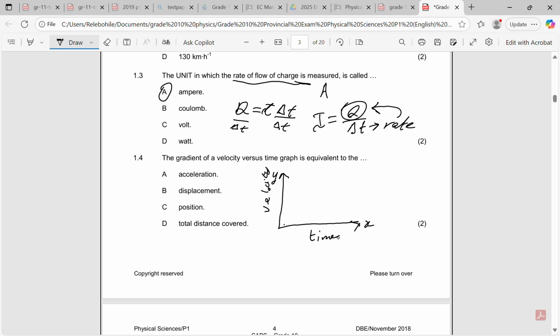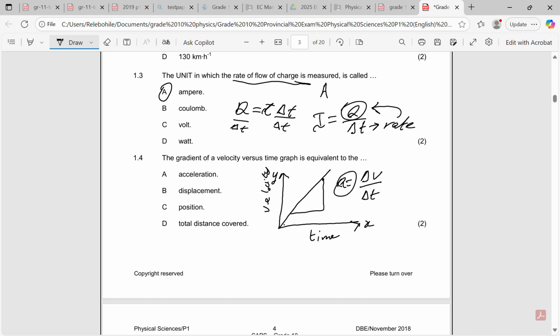On the y-axis we have our velocity, and on the x-axis we have our time. The velocity versus time graph normally would be something like that, a straight line, right? And the straight line here would give me a gradient like that. My gradient would be a is equal to delta V divided by delta T.